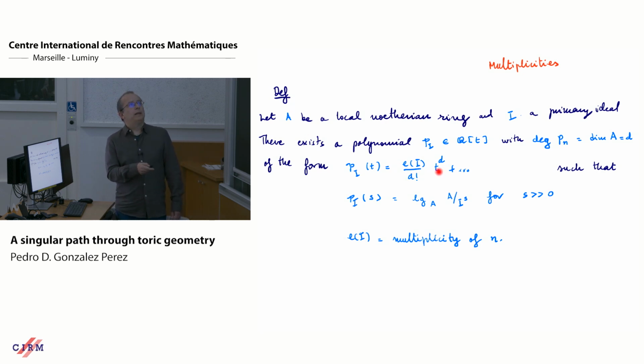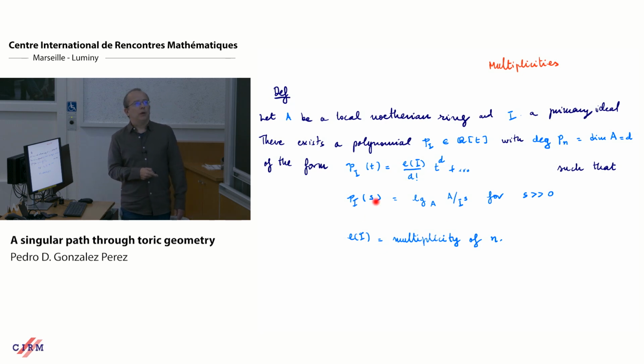If I is a primary ideal, we have a Hilbert-Samuel polynomial, which is a polynomial of degree d equal to the dimension of A, and which can be written in this form, in such a way that if I take s big enough, then the evaluation of this polynomial at s is just the length of this quotient.